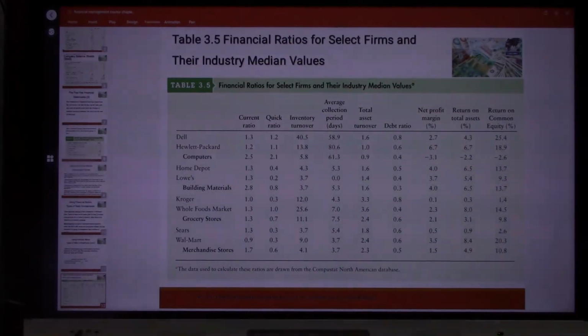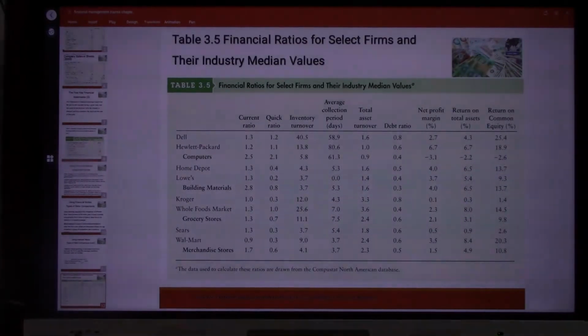As you see, we calculate different types of financial ratios, such as current ratio, quick ratio, inventory turnover ratio, average collection period ratio, total asset turnover, debt ratio, net profit margin, return on total assets, and return on equity. We calculate this for every firm, such as Dell and Hewlett Packard, and at the same time, to express whether this ratio is good or bad, you must compare it with the industry average.